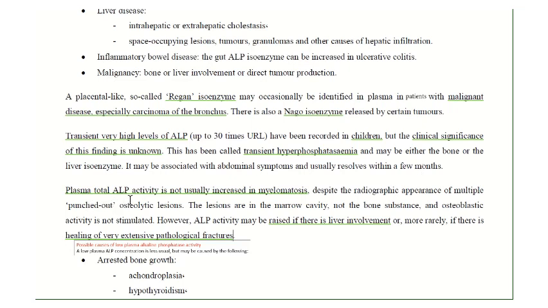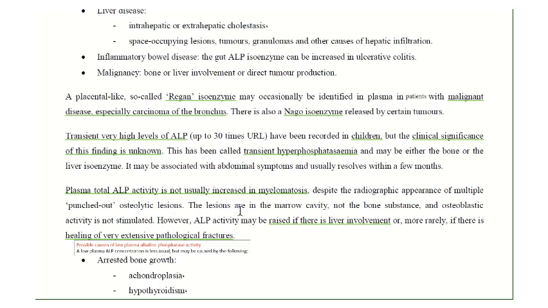Plasma total alkaline phosphatase ALP activity is not usually increased in myelomatosis despite the radiographic appearance of multiple punched out osteolytic lesions.